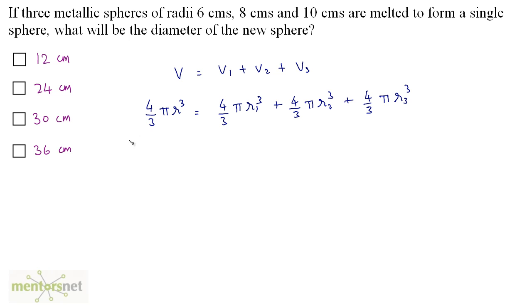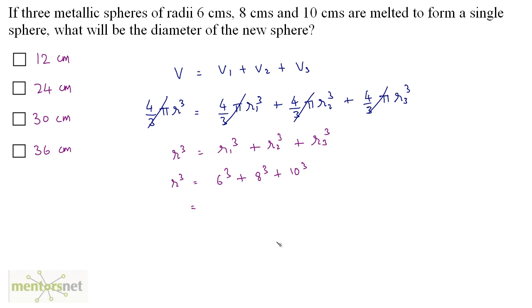Now I can divide this complete equation by 4/3 pi so that this 4/3 pi cancels out. Okay? So I can write r cube is equal to r1 cube plus r2 cube plus r3 cube. Okay, so let's put in the values. The radius of first sphere is 6, so 6 cube plus the second radius is 8 cube plus 10 cube.